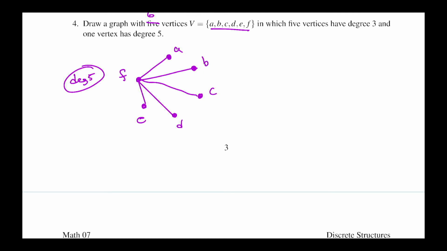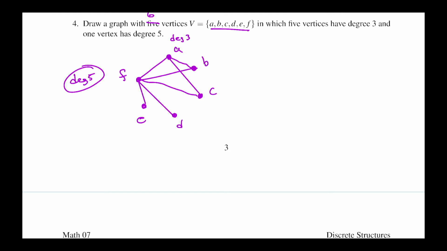So A right now has 1 edge, just this edge, so it needs 2 more. Let's just make 1 go to B, and let's make 1 go to C. Right? So now A is done. So that has degree 3. Right? 1, 2, 3.